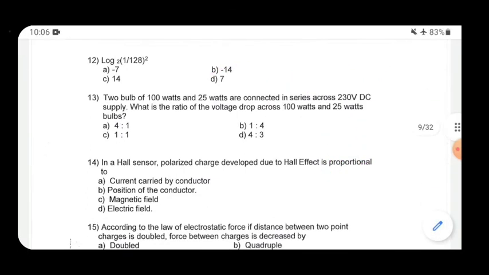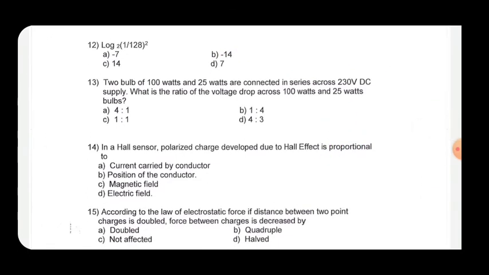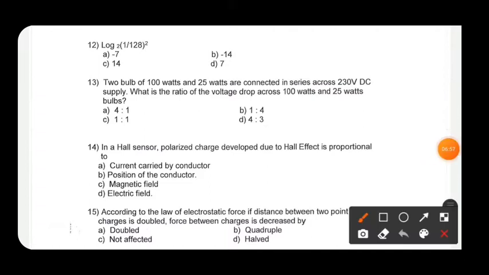Next, two bulbs of 100 watt and 25 watt are connected in series across a 230 volt DC supply. What is the ratio of the voltage drop across the 100 watt and 25 watt bulbs? Simple, you have to find R1 upon R2.